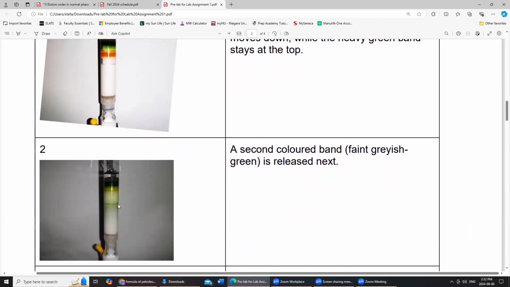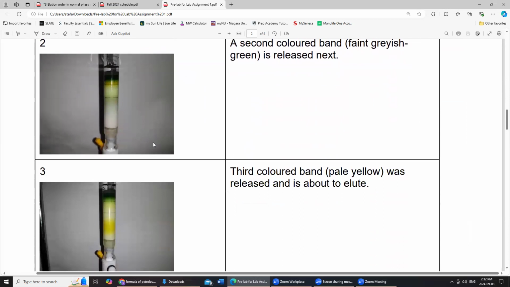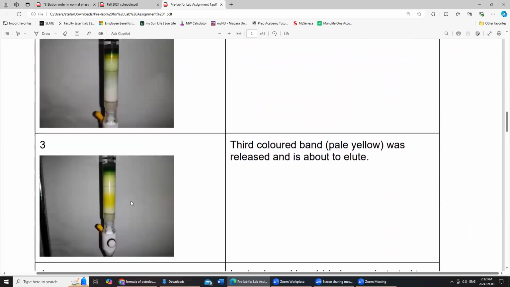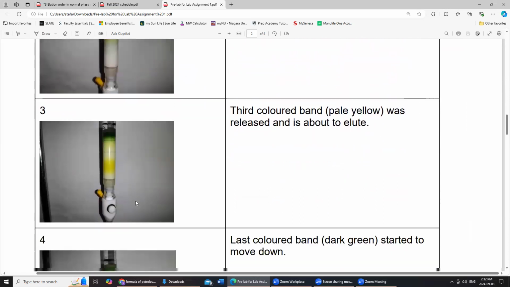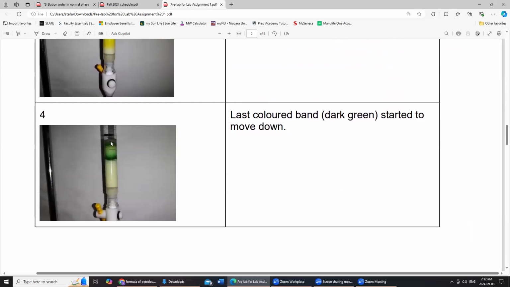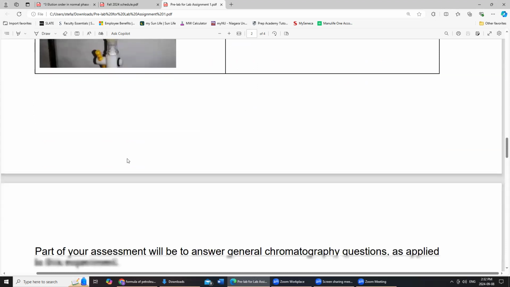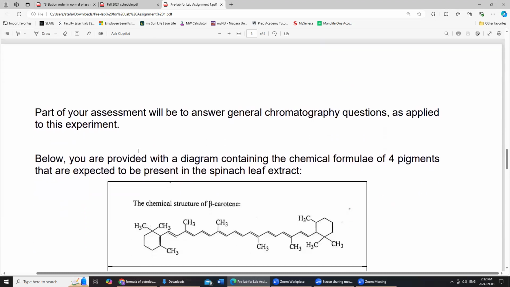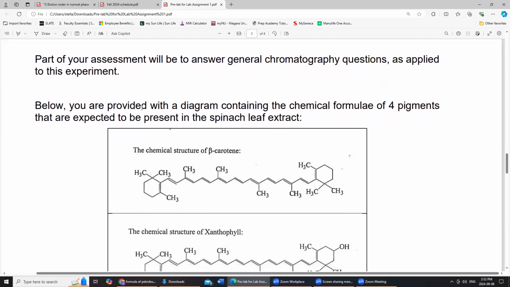Then you'll get a bit of a grayish green, right? Then we get a bit of a yellow. Then you'll see your dark green band start moving down. So yes, here are the 4 pigments we're going to be expecting here in the spinach leaf.